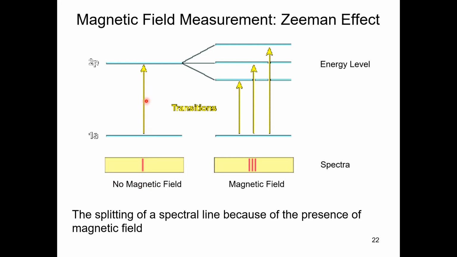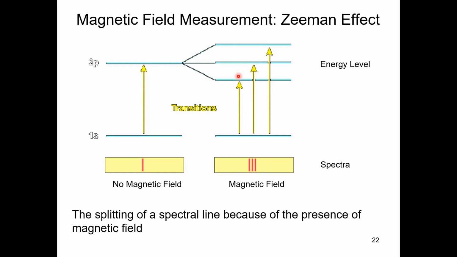And in addition to all of these things, if you have a strong magnetic field, the Zeeman effect says this very strong magnetic field will split the 2p energy level into 3 areas. Now it is not just one energy level, but 3 energy levels: 2p1, 2p2, and 2p3. This happens because of the strong magnetic field in that area.